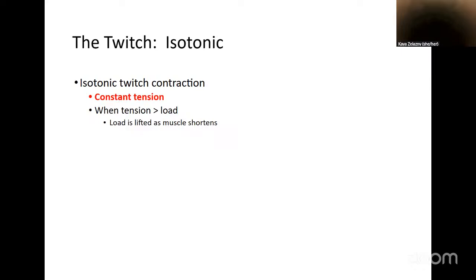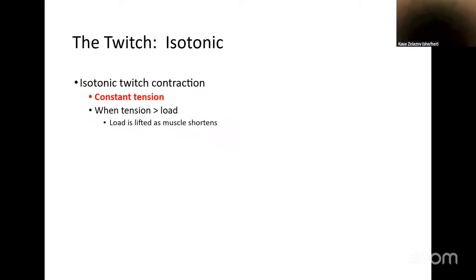The reason it's going to look different is we're actually strong enough to move the load at this point, which changes how much tension we have to generate, basically. So in an isotonic twitch, instead of keeping the length of the muscle constant, we are going to keep the tension in the muscle constant when we get to this isotonic part.